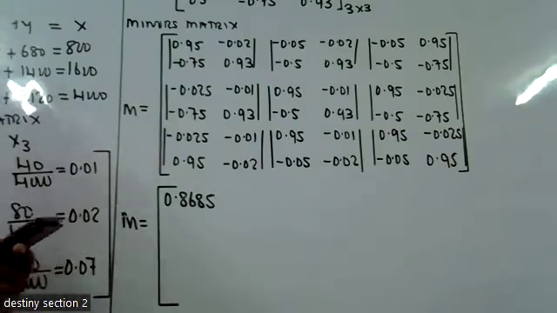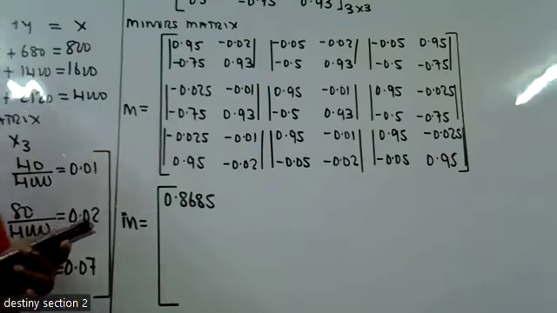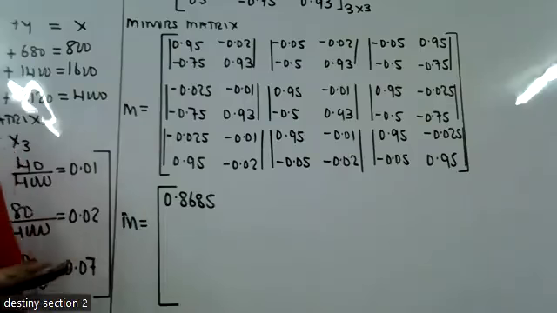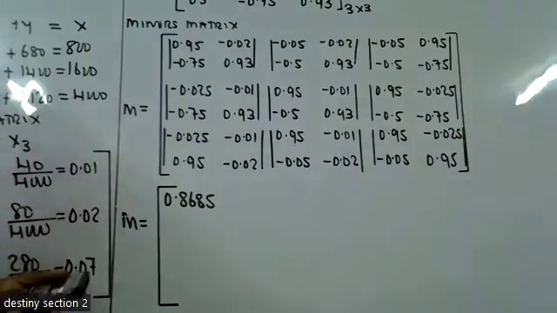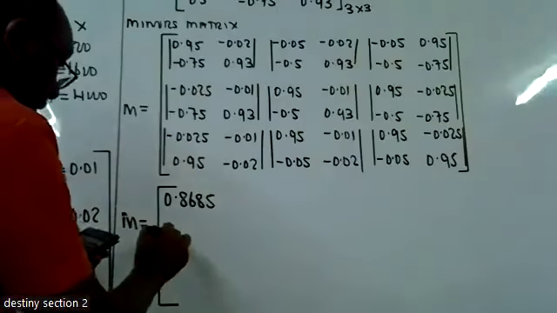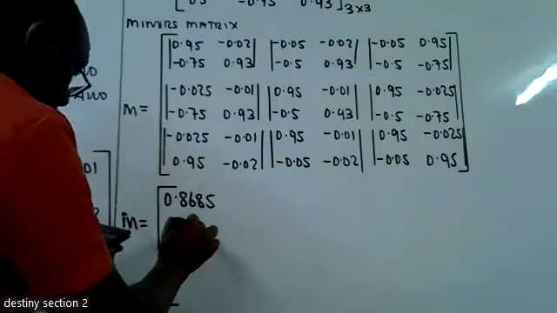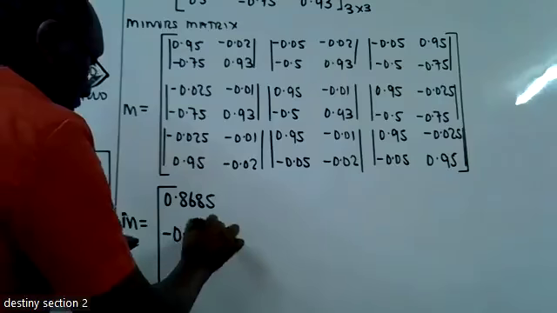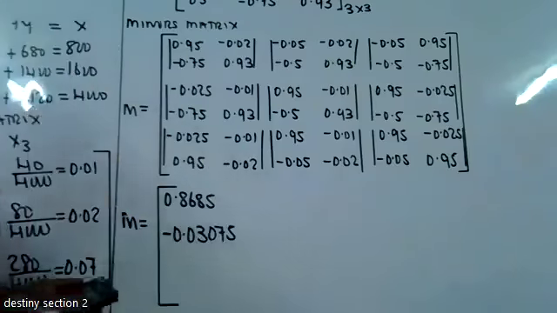I need the figures from more than one person. Yeah, negative 0.03075. Good. Haya, wengine mmepotelea wapi?